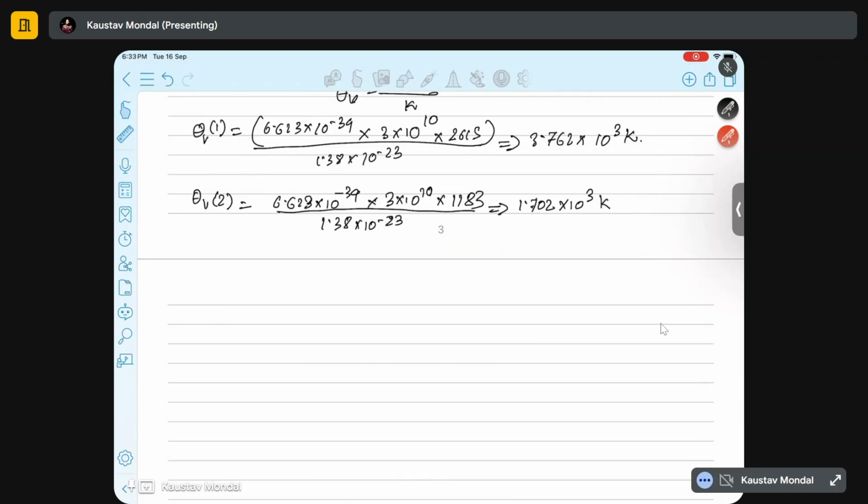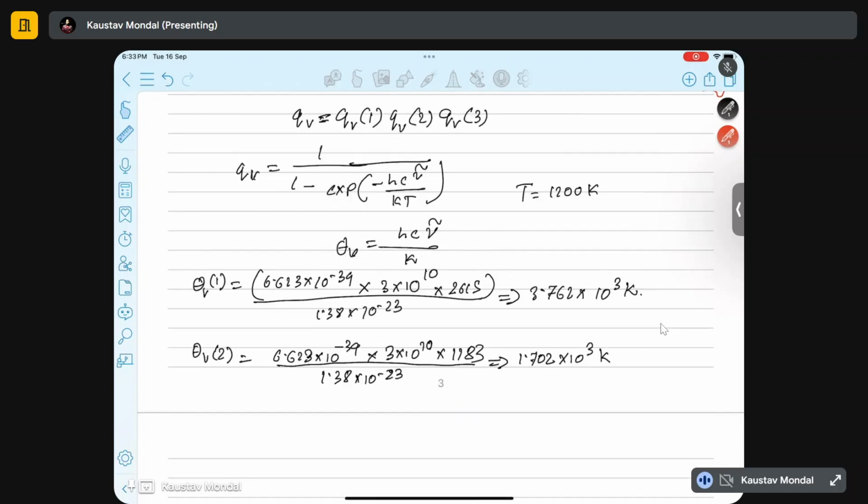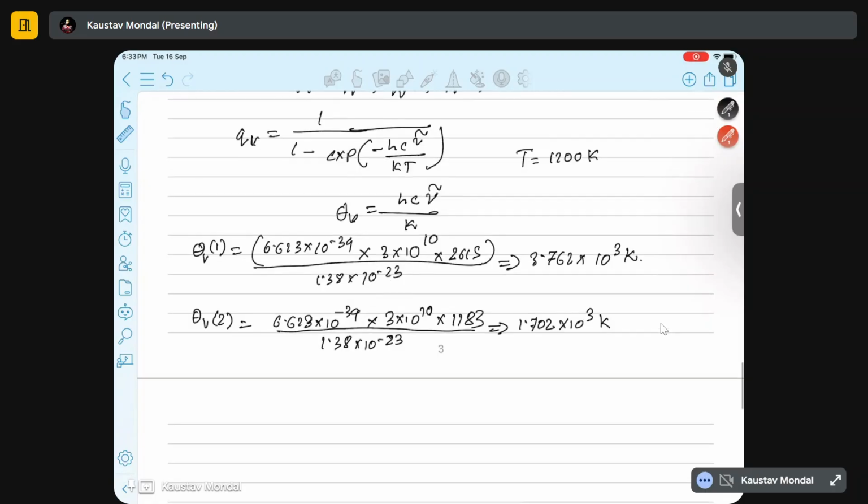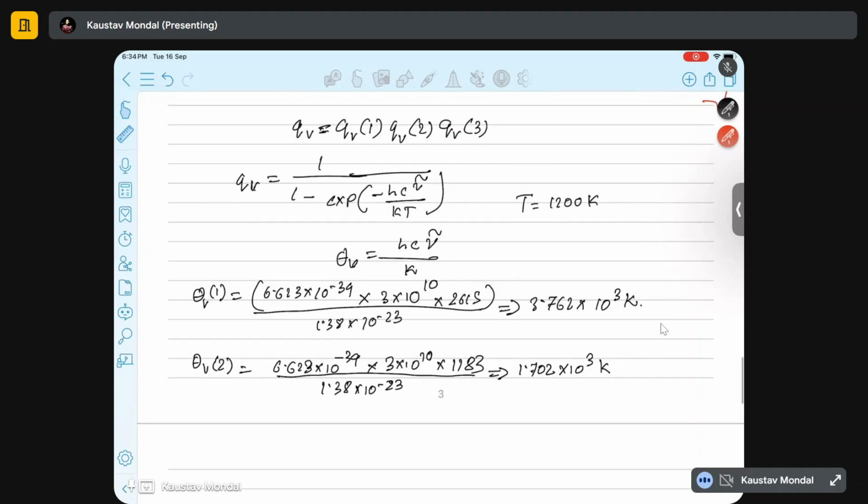Here also the vibrational temperature, around 1700 Kelvin, is quite a bit higher than the experimental temperature of 1200 K. So theta v2 also is higher, which means for the second mode we also have to use the same formula given by this QV.